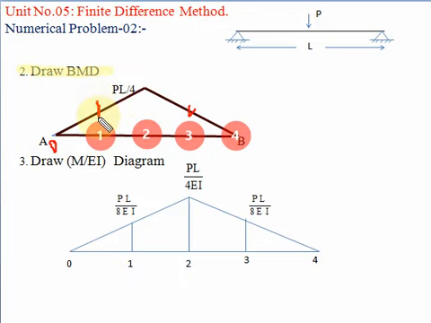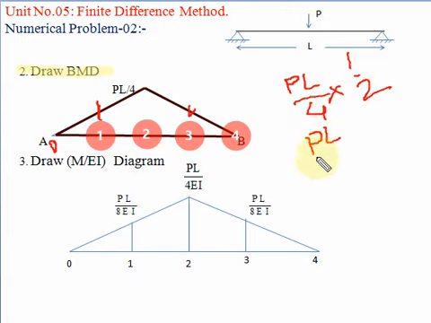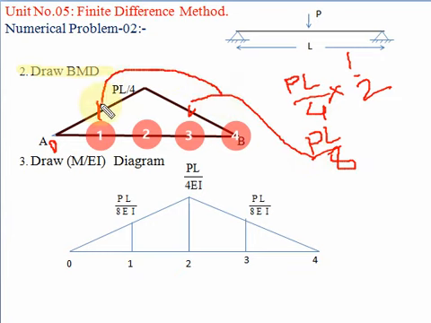So at node 1 it will be half of this: PL by 4 into 1 half, so it will be PL upon 8. And at node 3 also it will be PL upon 8. So at nodes 1 and 3 the bending moment is PL upon 8.